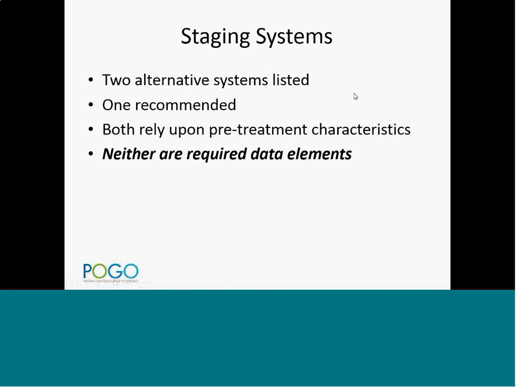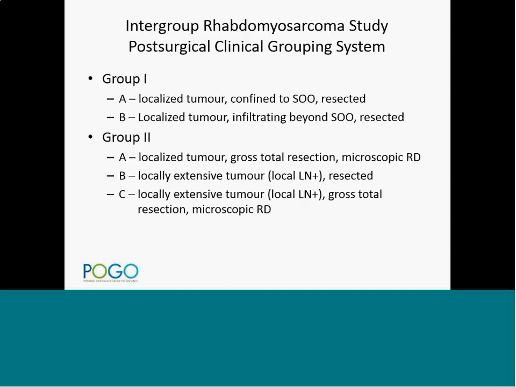The second one, the site-specific one, is not recommended. Oh, okay, it's optional. It's more optional than the first one. There's both, and neither are required data elements. But I think if you were to use one, you would use this one, the Intergroup Rhabdomyosarcoma Study system.